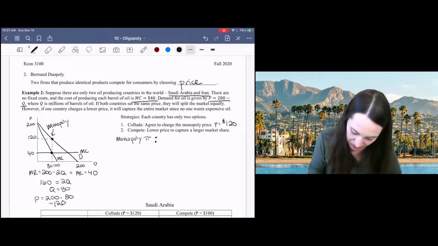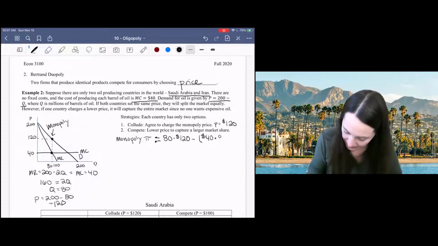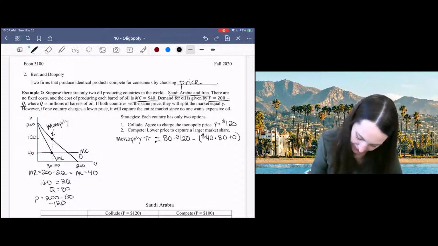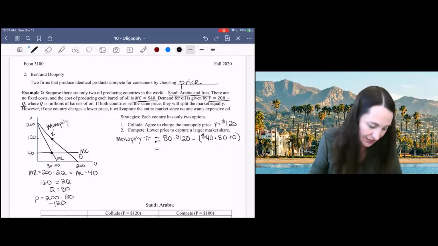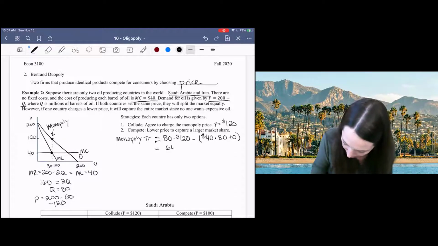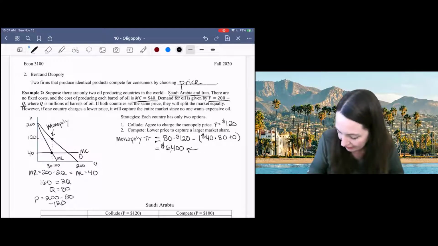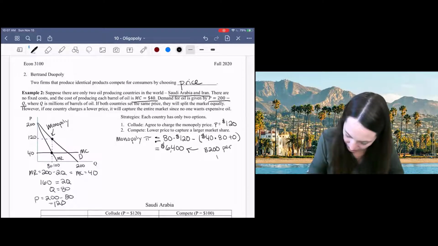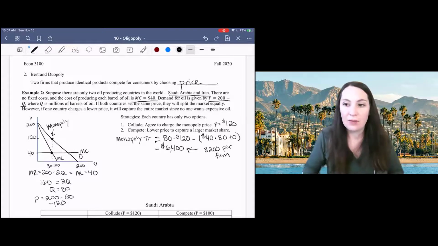That's going to be total revenue, 80 times 120, minus, we have no fixed cost, and then we have a marginal cost of 40, so 40 times 80, no fixed cost there. And so we're going to end up here with $6,400 in profit, which if they split equally, would be 3,200 per firm. Okay, good.